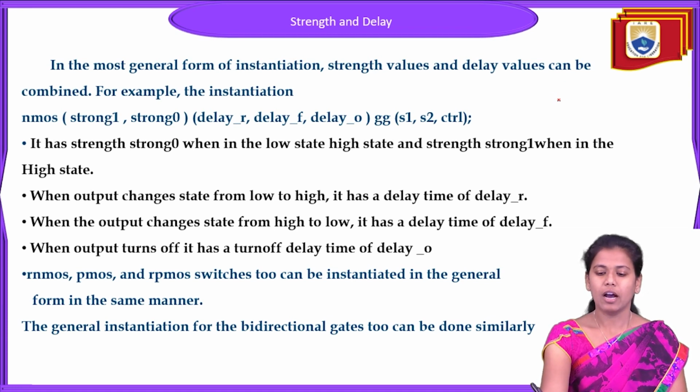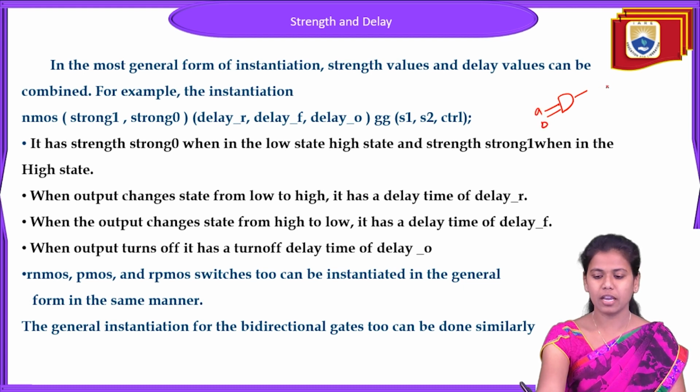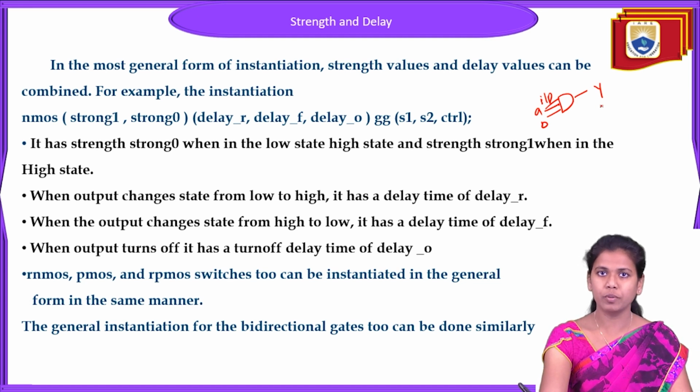For example, if I'm considering an AND gate, a simple logic gate, it has A and B as inputs and Y as output. When I'm propagating these two inputs A and B, the signal will go with some strengths as well as some delays. For example, A is going forward with a delay of 10 nanoseconds.